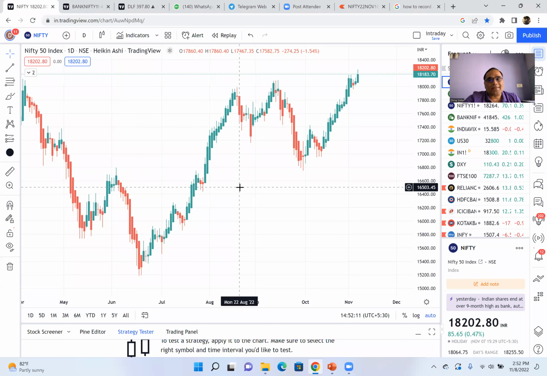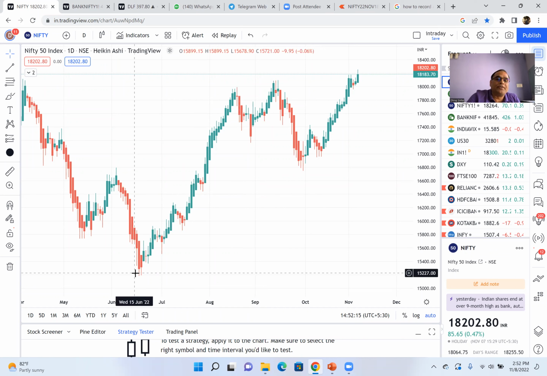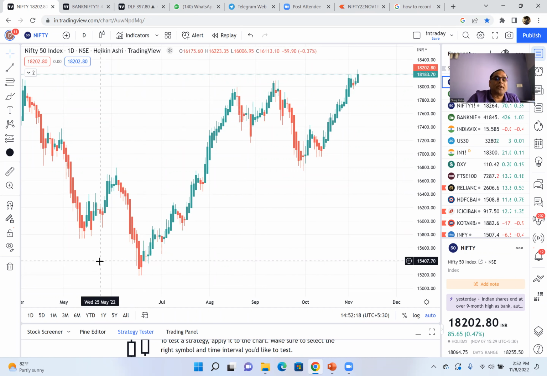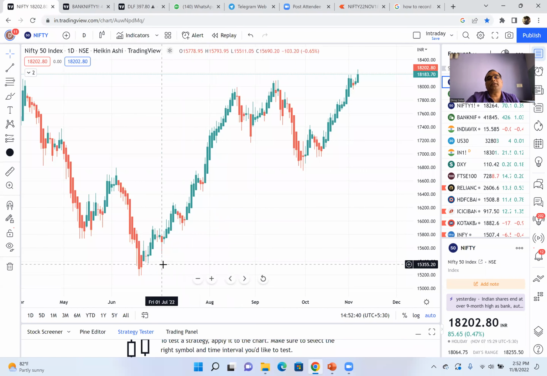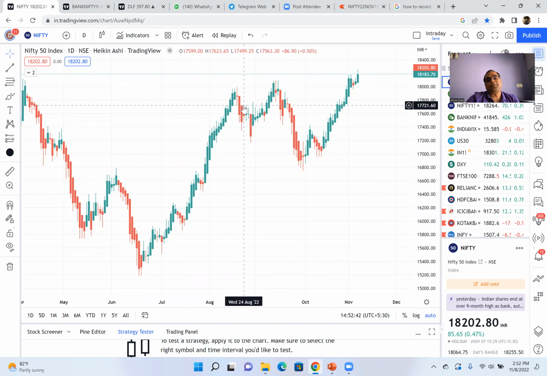Again, I'm saying, I'm definitely trying to experiment with how to avoid these whipsaws. I'm trying to look at RSI, I'm trying to backtest with various things. I don't have an answer as we speak, because ideally I would like to avoid getting into a trade in these kind of situations. But as of now, there would be cases where you would hit your SL, but you would hit some large trends.